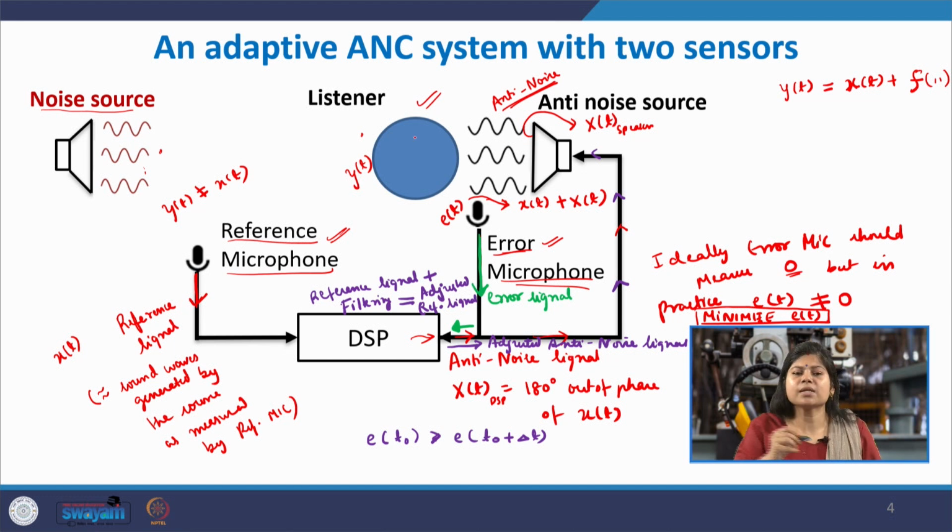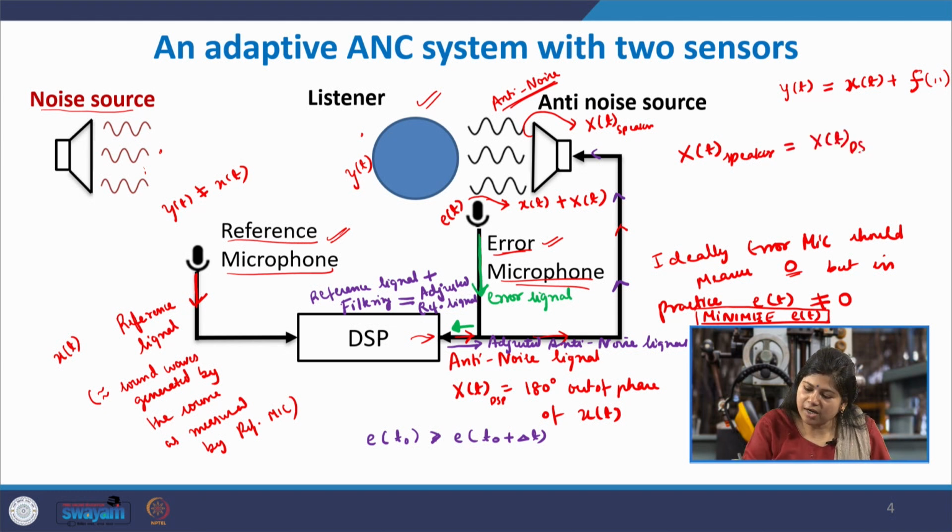Hence the actual signal emitted may still be distorted. So, X(t) at the speaker could be the X(t) created at the DSP plus some additional distortions.